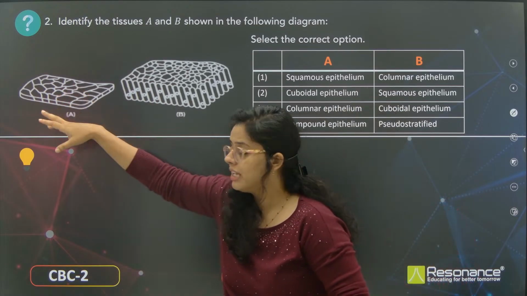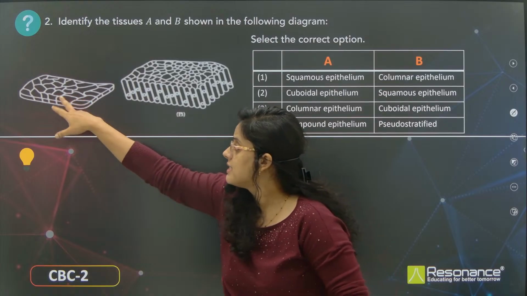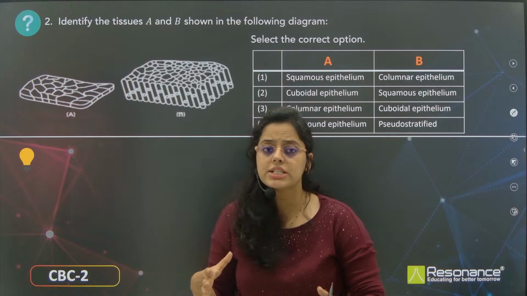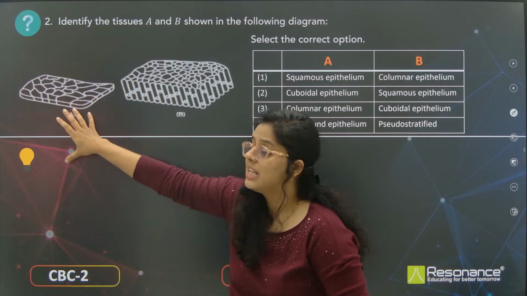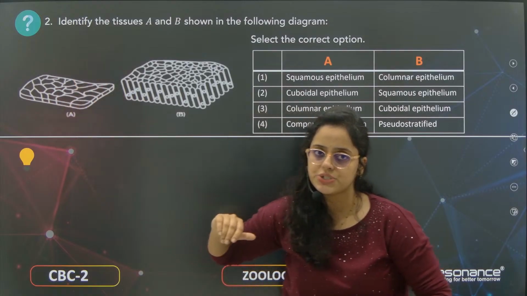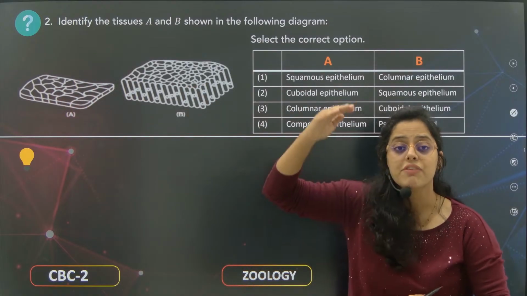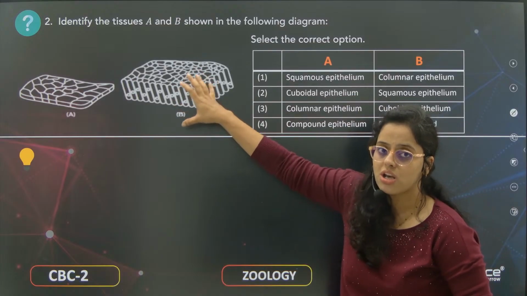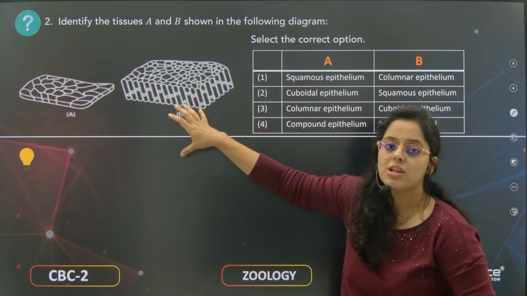From the top view, these cells appear like tiles, which have no intercellular spaces. So this is clearly epithelial tissue. Which type? Squamous epithelial tissue. Now the other cells are tall, which means they are columnar cells or columnar epithelium.